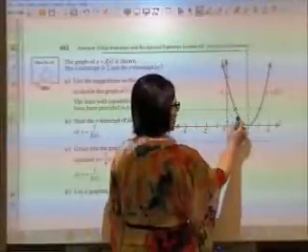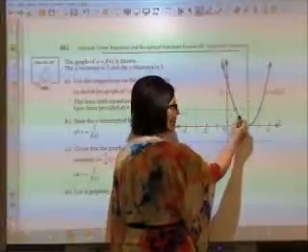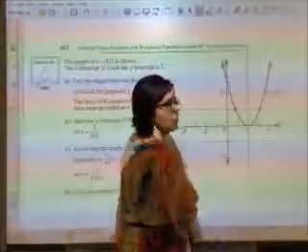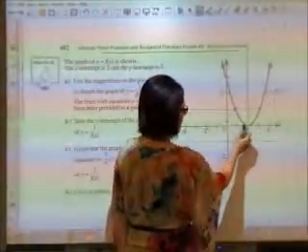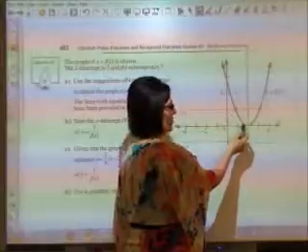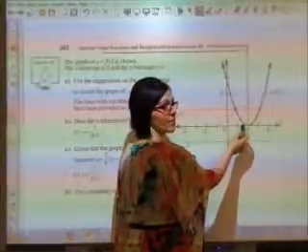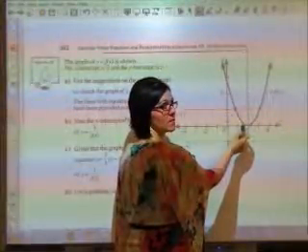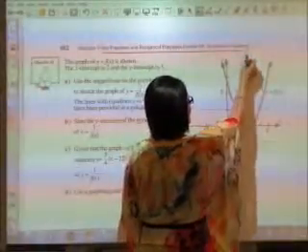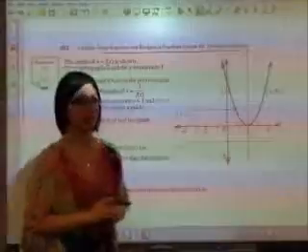And then this point right here, which is at 1/2, the reciprocal of that is going to become 2. If I imagine this to be something like a 1/5, what would the reciprocal of that be? 5. So the reciprocal of 1/5 would be 5, which is going to put my point up there.